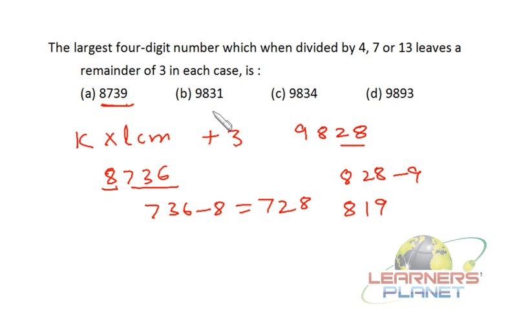So it will be a better choice since we are asked the largest 4-digit number, and this number, 9831, is bigger than the earlier one, and it is fulfilling all the conditions. Now there is only a difference of 3 between the next option and this one, so it cannot be the right choice since this is fulfilling all the conditions. Now let's see for 9893.